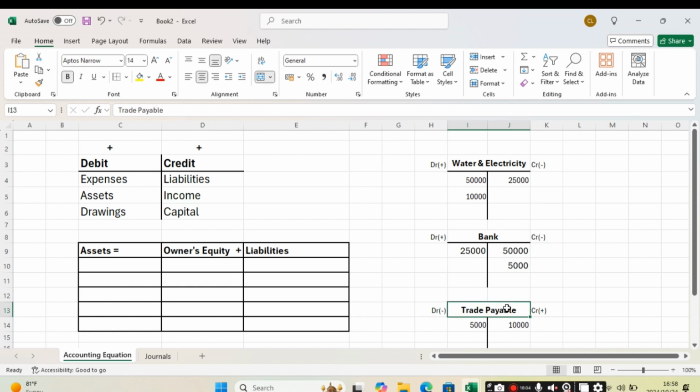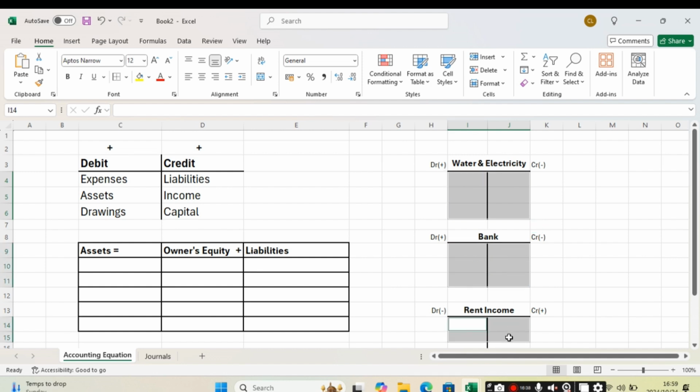So here we'll have our income. What type of income do we have? We have rent income. So say for example now, dealing with our rent income. Okay, so water and electricity, rent income. Water and electricity is an expense. Let me just remove all these amounts.